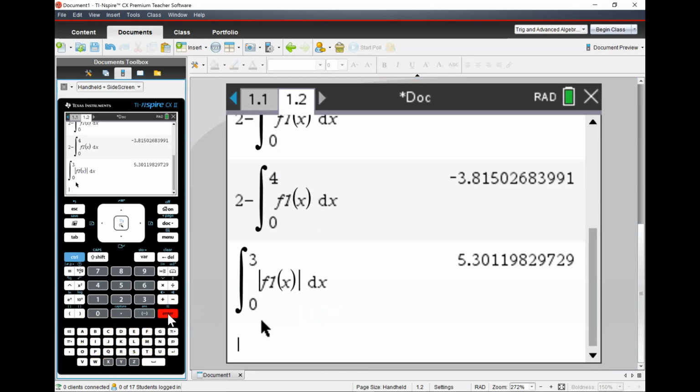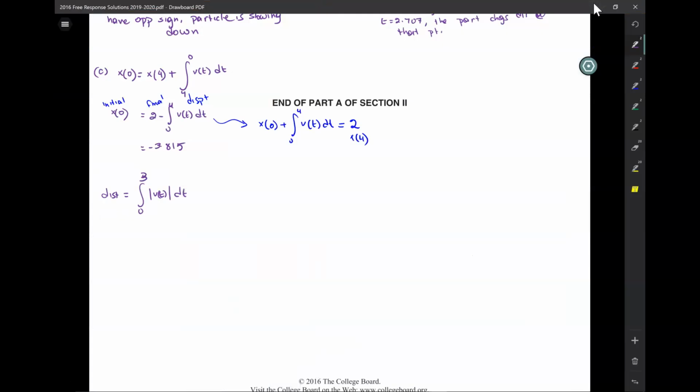And that's the distance that it traveled.